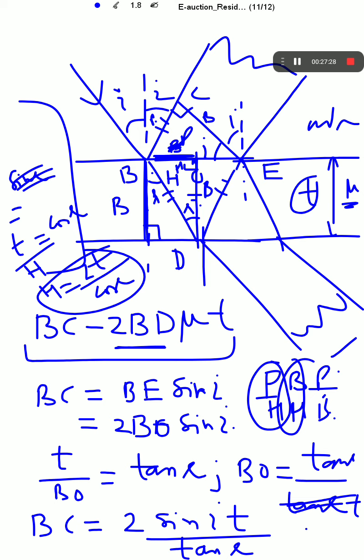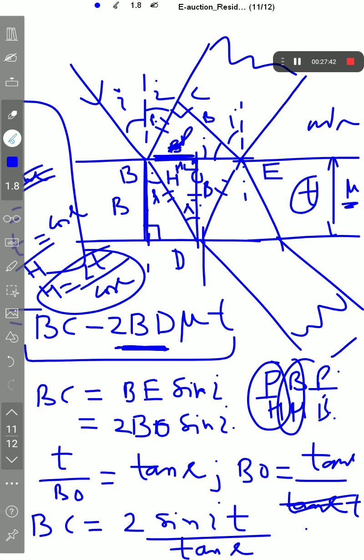So this quantity is 2T upon cos R. I'll make use of this T upon cos R in that expression. Let us go to the next page.